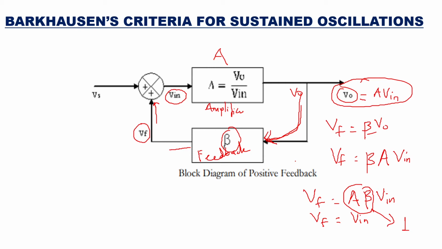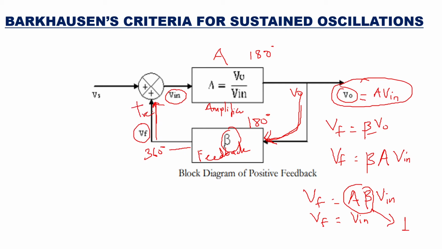And the second condition is on the feedback loop. As we have seen in positive feedback, the amplifier will produce a 180-degree phase shift, and the feedback network also will produce a 180-degree phase shift. So the feedback will have a 360-degree phase shift, that will be in phase with the input, and that feedback is going to help the input, so it will be called positive feedback.